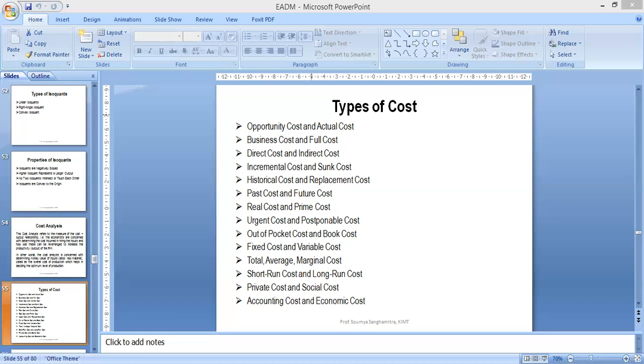Then indirect costs are those costs whose source cannot be easily and definitely traced to a plant or a product, a process, or a department, such as electricity, stationery, and other office expenses, depreciation on building, decoration expenses. These are called indirect costs.